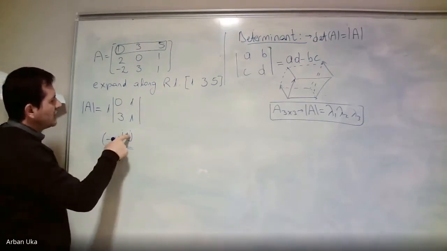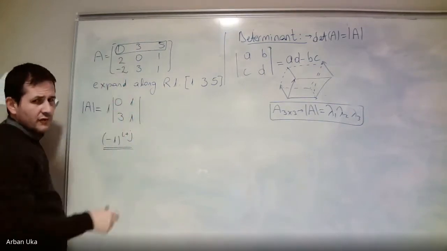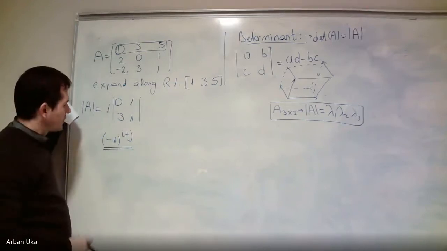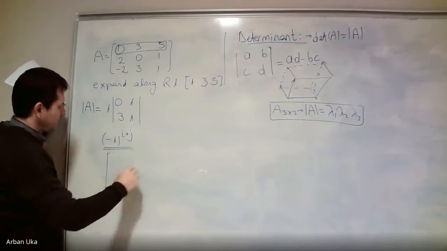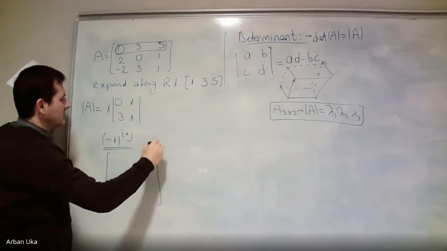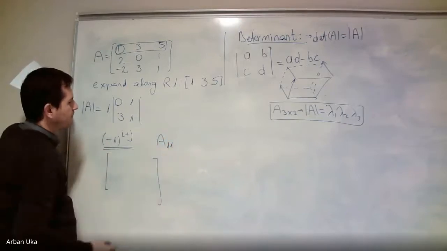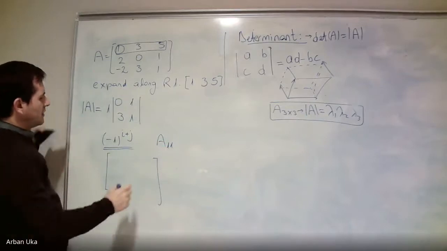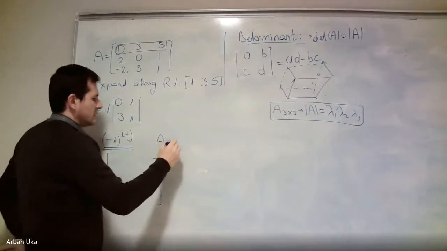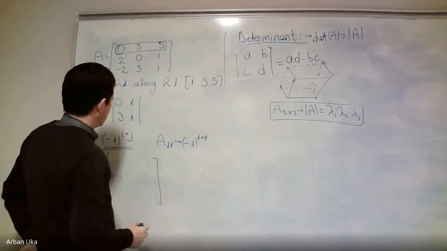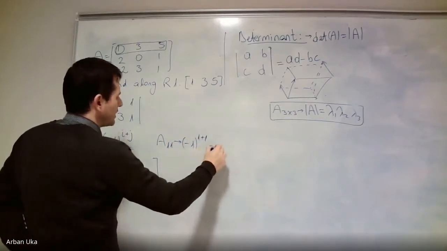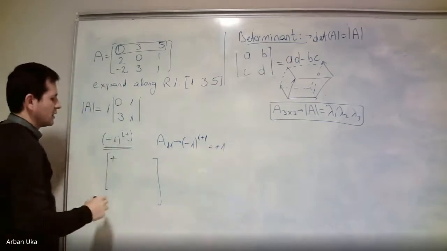So i and j, they are the indices of each one of the entries. So let's assume this is A, and let's see the following. What is A11? This would be minus 1 to the power 1 plus 1, which would be equal to plus 1. So here we put a plus 1.